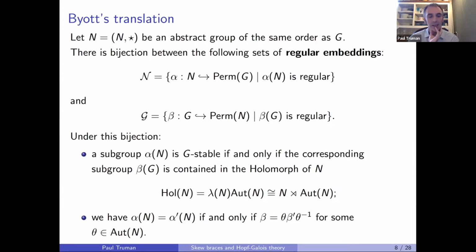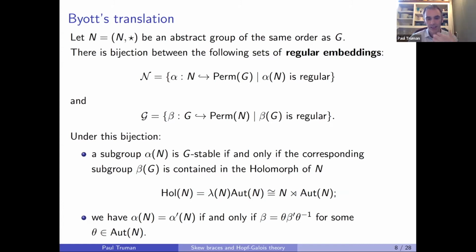So I'm particularly interested in those alphas for which alpha of N is G-stable, and that happens if and only if the corresponding beta from G into Perm N actually lands in the holomorph of N. I want to think of the holomorph simultaneously, kind of sloppily, as being parked inside the permutation group.